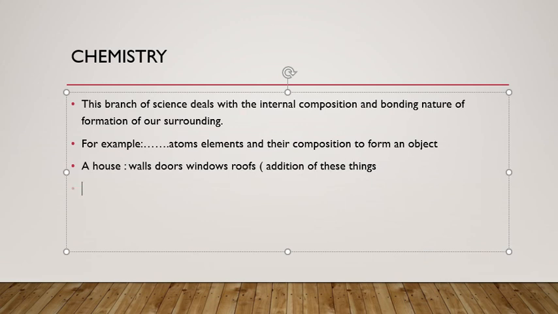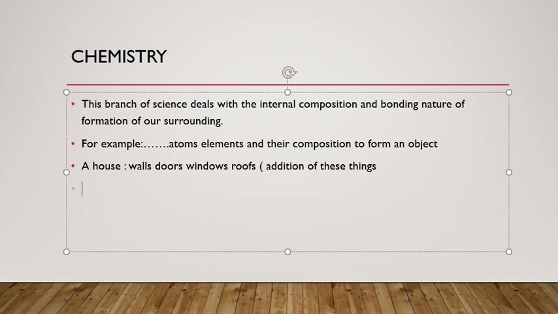It means if we are talking about walls, doors, windows, roofs, and the addition forms a house, we are now applying chemistry. Simply, chemistry deals with the addition of some things within our surrounding to form a new object or a new shape.